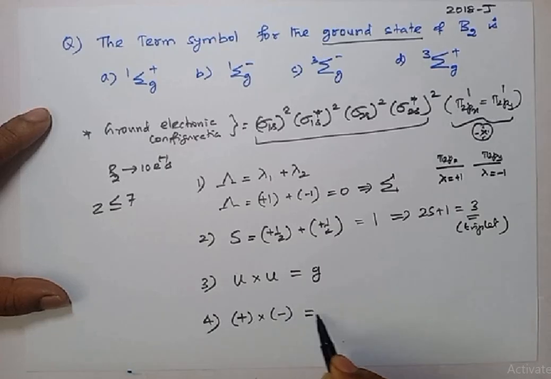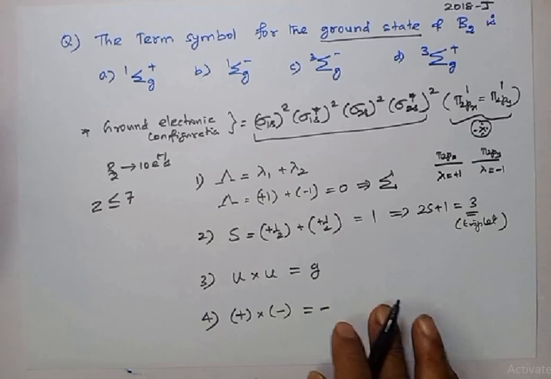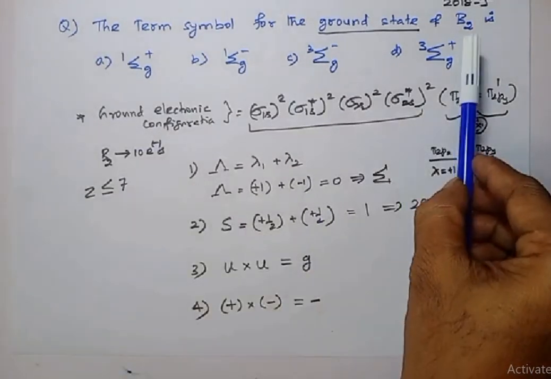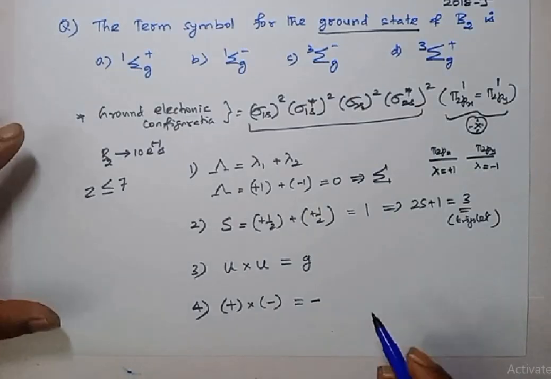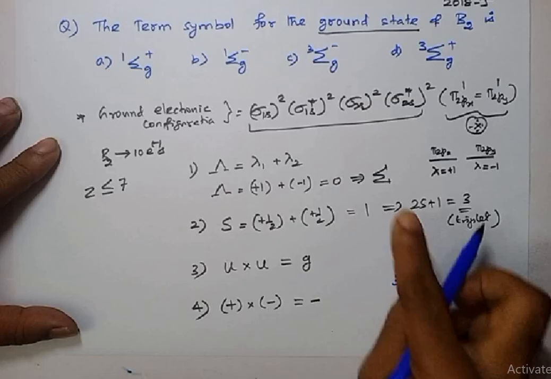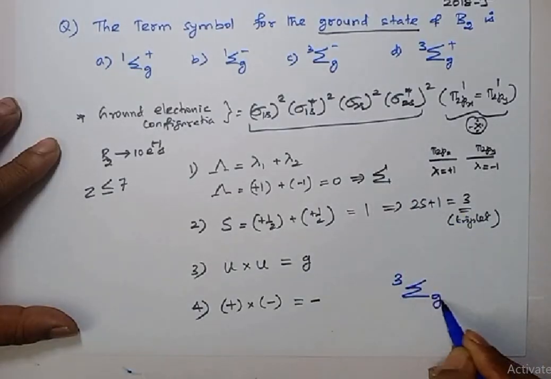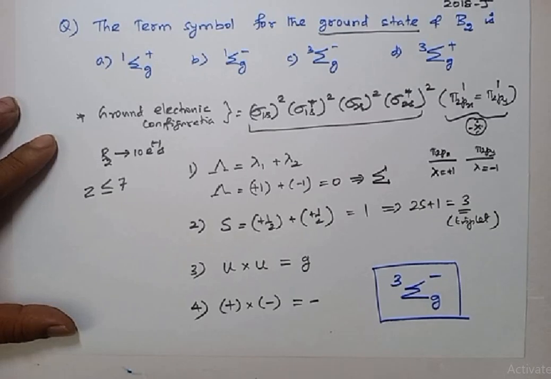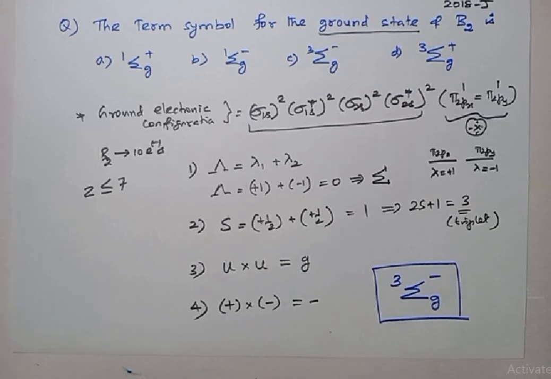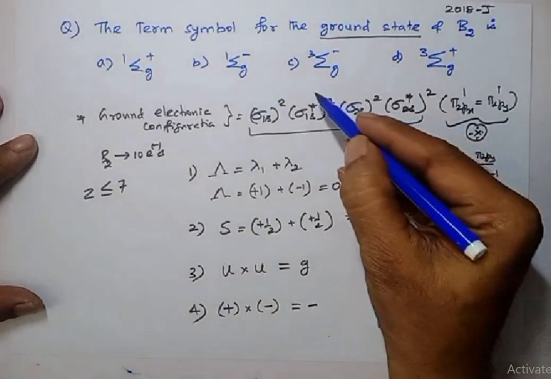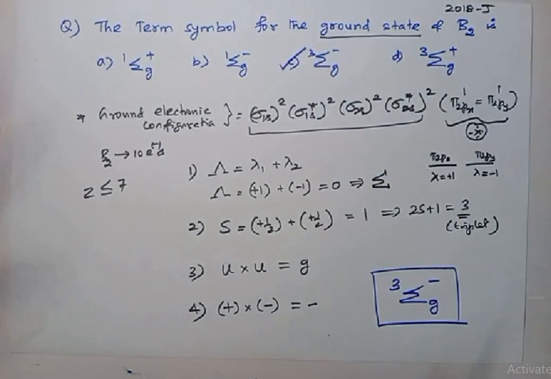Plus into minus is minus. Therefore, the ground state term symbol for the diatomic boron molecule, B2, is triplet sigma gerade minus. This is the ground state term symbol for the B2 molecule. So the correct answer for this question is triplet sigma gerade minus, option C.